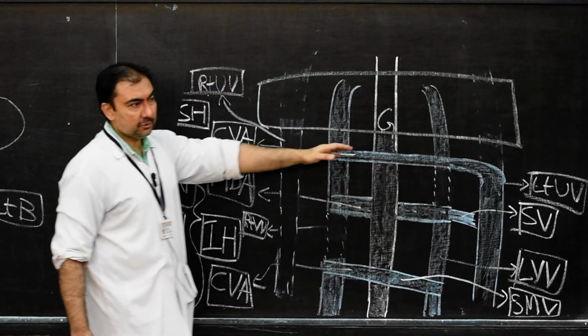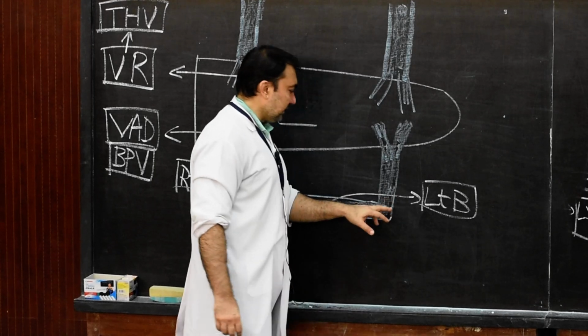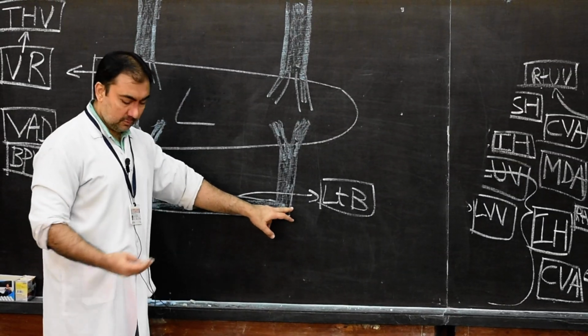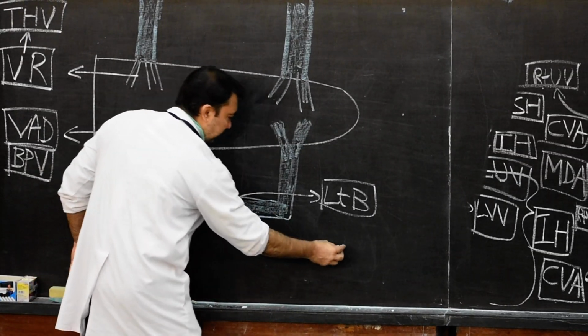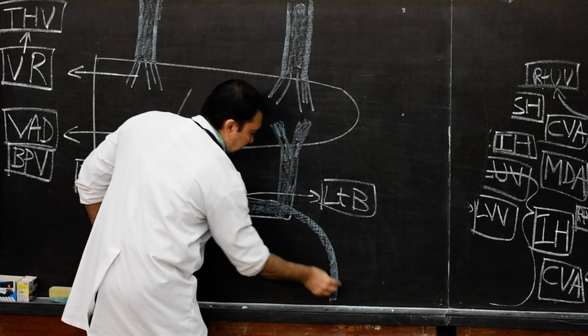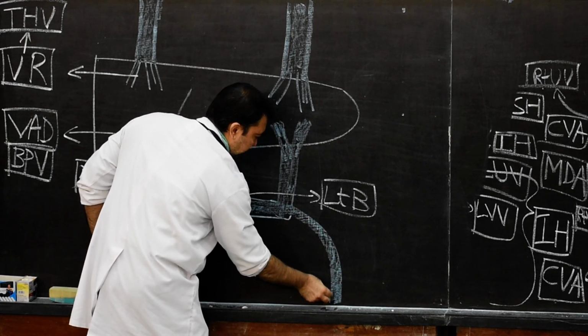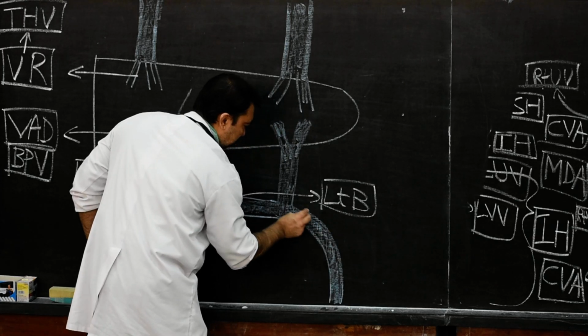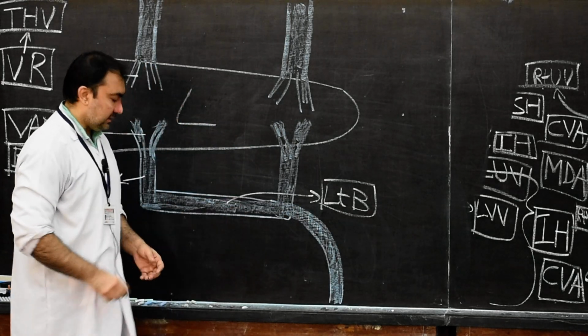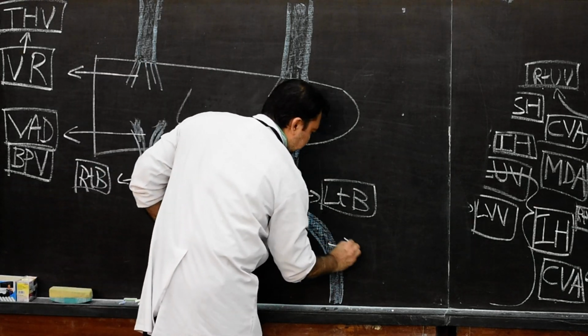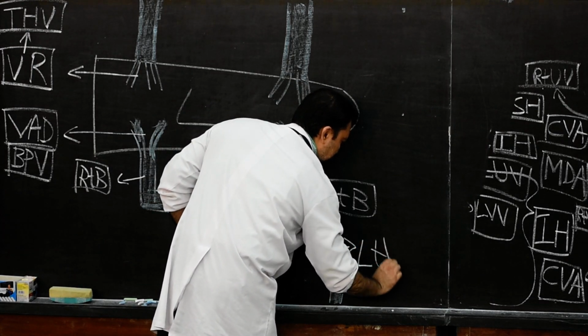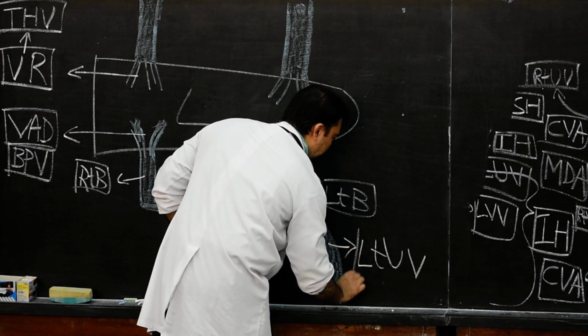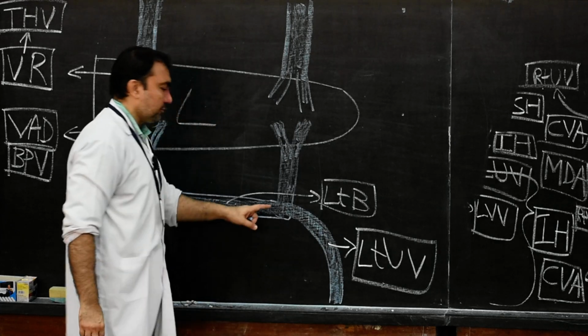So we will show here that the left umbilical vein is draining over here. That is the only portion which we need to show, and therefore we name this portion as the left umbilical vein. This much we have to show.